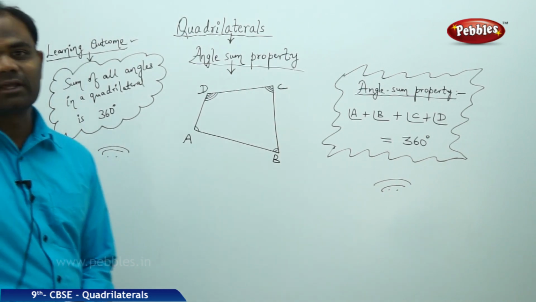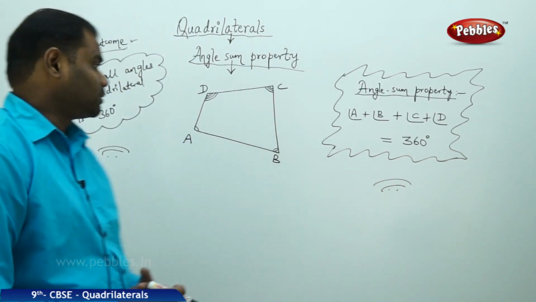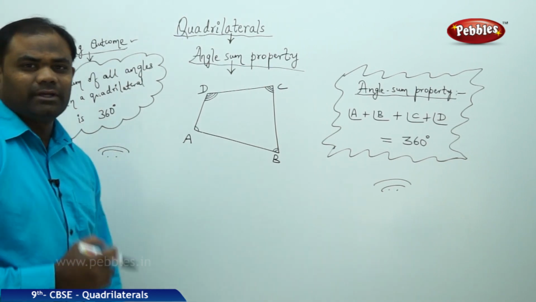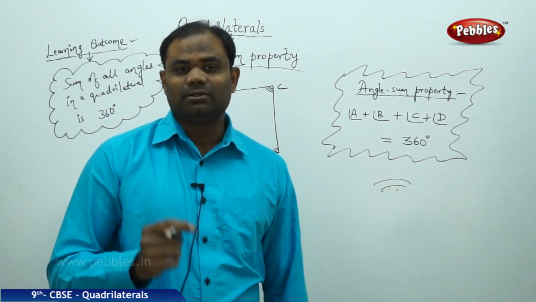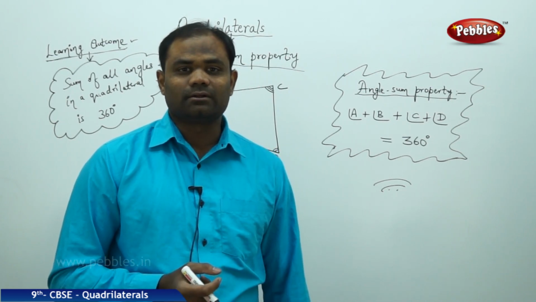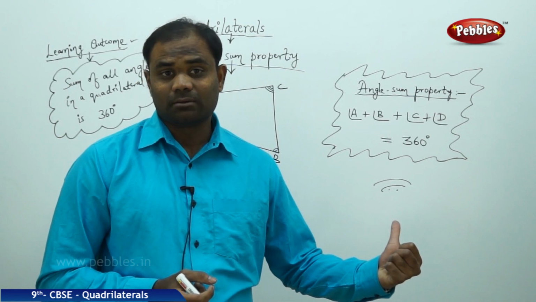That's how I define the angle sum property. The sum of all angles inside the quadrilateral must be equal to 360 degrees. That is what we understand as the angle sum property.